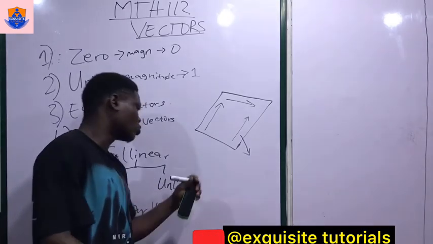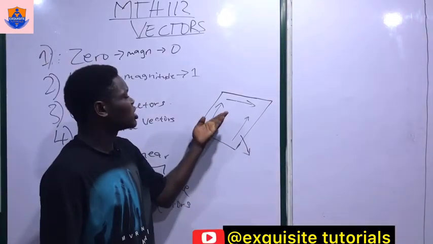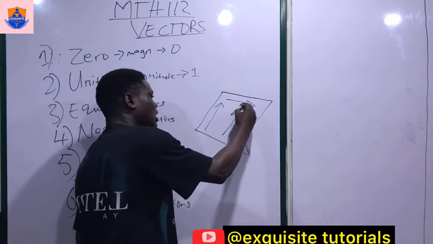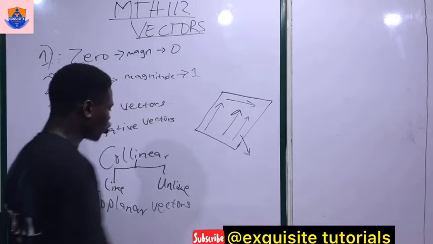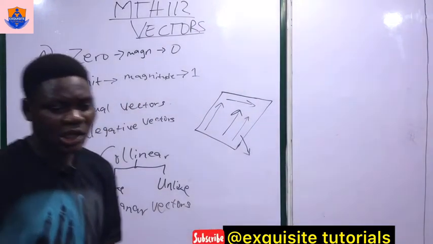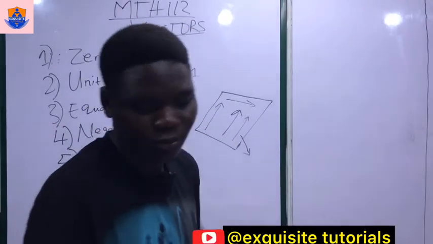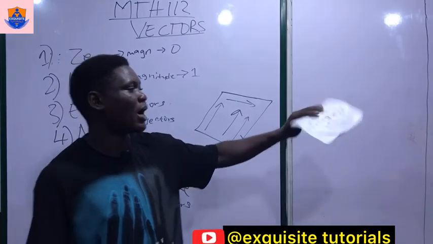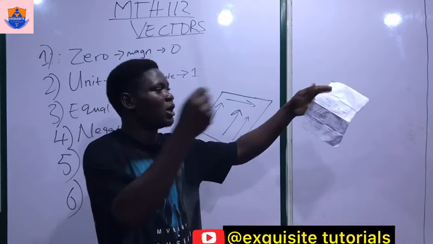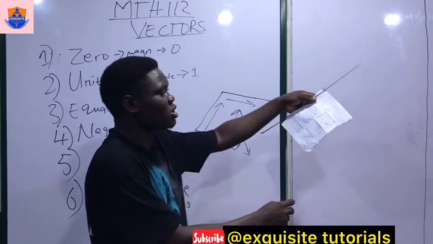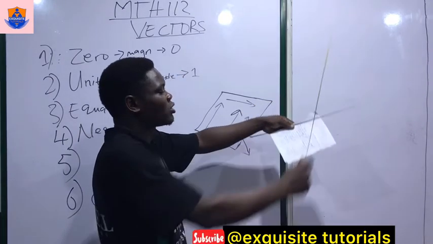So let's come back to our coplanar vectors. Because these three vectors are lying on the same plane, they are called coplanar vectors. Let's say you have a paper here, and no matter how I rest this paper, I can position these two things to lie flat on this paper.